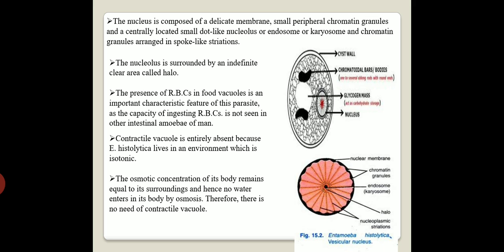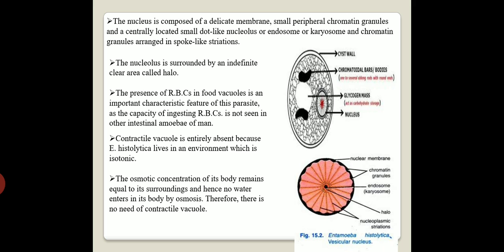In this picture you can see that the nucleolus is surrounded by an indefinite clear area called halo. The presence of RBCs in the food vacuoles is an important characteristic of this parasite, which has the capacity of ingesting RBCs, not seen in any other intestinal amoebae of man.